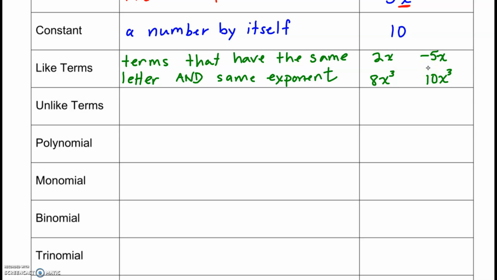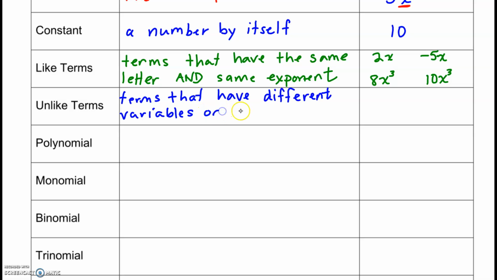Okay, unlike terms are terms that have different variables or they could have the same variable but different exponents.